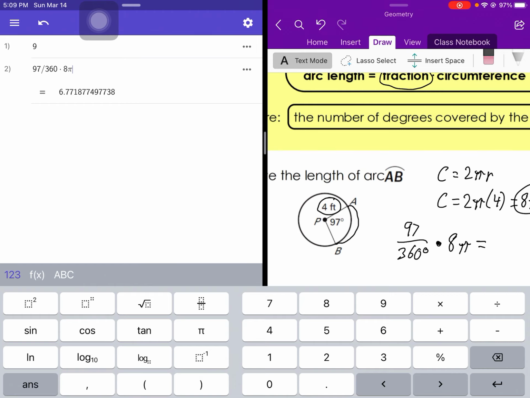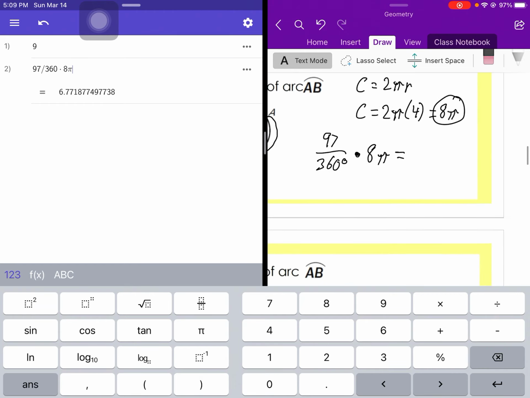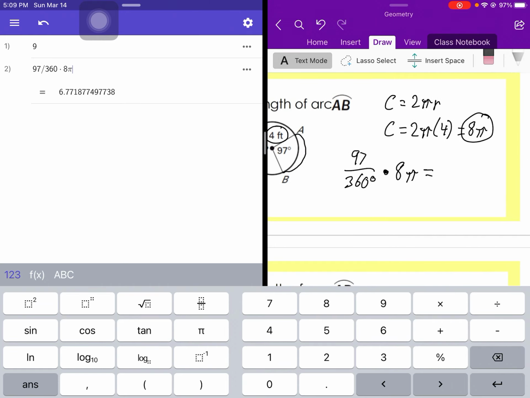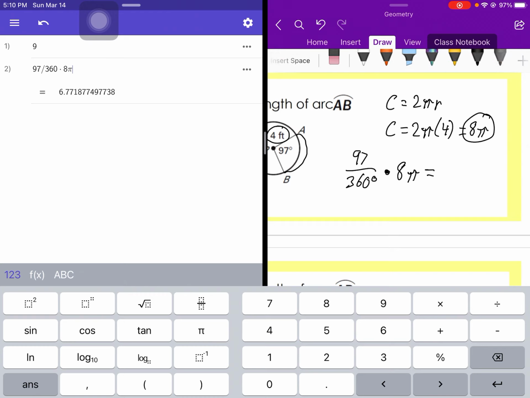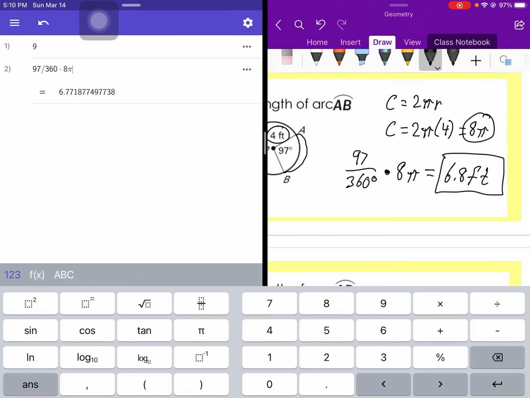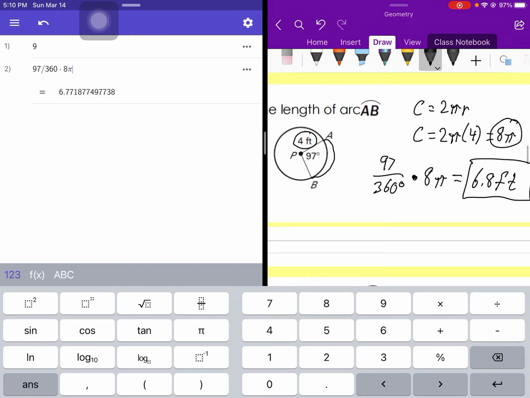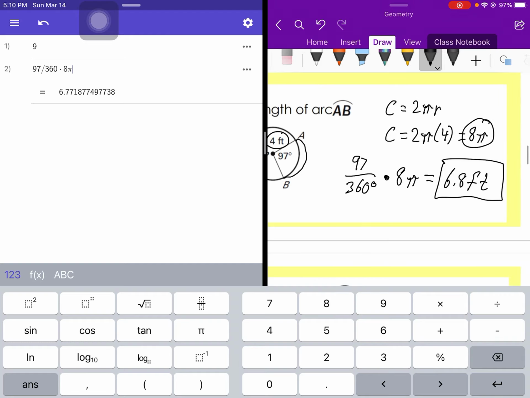So we have 97 over 360 times 8 pi. And we're just going to round this to 1 decimal place. And it is in feet, so we are going to label this 6.8 feet. That's not the entire circumference. The entire circumference would actually be larger, but since we're multiplying by a fraction of the circumference, that's what makes it smaller.